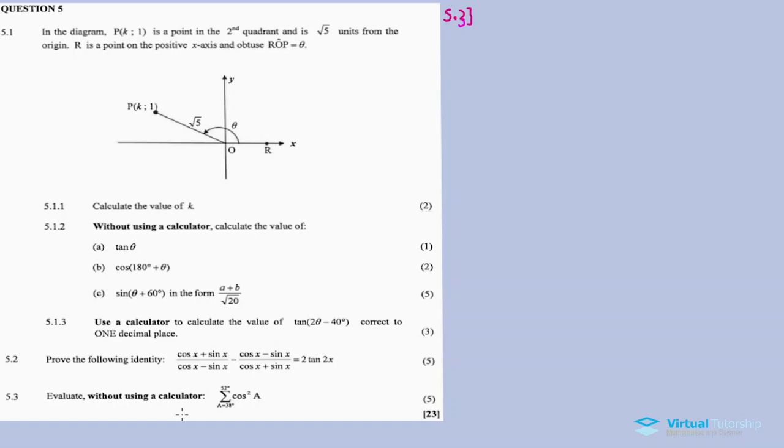So we know that with sigma, we need to expand the first 3 terms and then the last term, since they give us the start value as 38 and the end value as 52. But in this video, I'm going to expand from 38 all the way up to 52 degrees, just to give a detailed explanation for this problem.